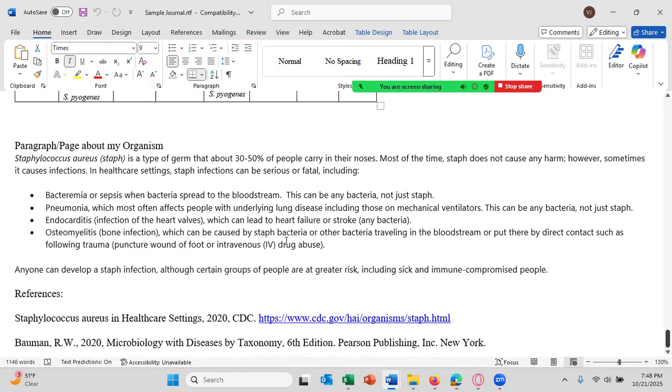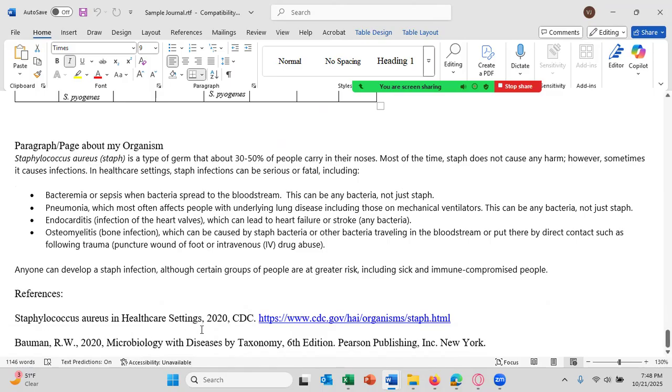All right. Then he's got a paragraph about his organism. He identified Staphylococcus aureus, talking about it. He should probably have an index citation for where he got this information from. And then he's got references. He got this information from Staphylococcus aureus and his textbook, which was Bauman at the time, which obviously isn't correct.